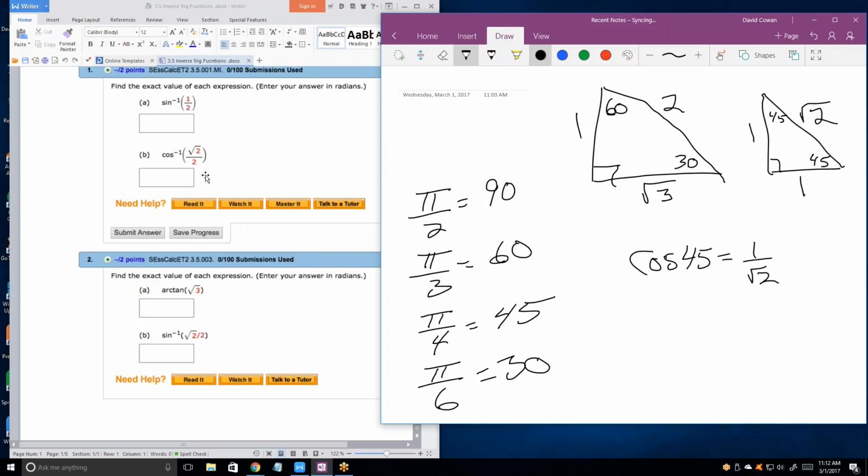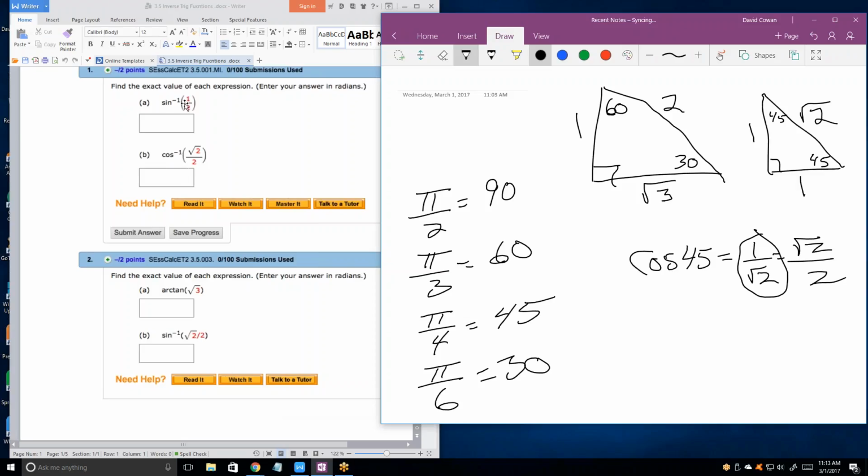Which rationalizes to what? Root 2 over 2. Ah, there we go. So root 2 over 2 is the same as that. Okay, so what angle are they referring to? 45 degrees. And radians? Pi over 4. Okay, go ahead and put that in. That's the answer.